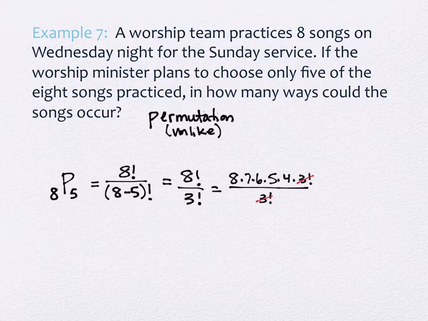So I'm left with multiplying 8 times 7 times 6 times 5 times 4. And what is 8 times 7 times 6 times 5 times 4? So there are 6,720 different arrangements.